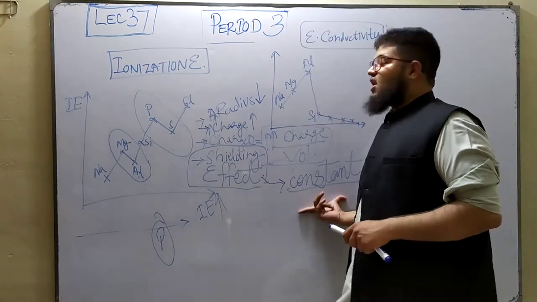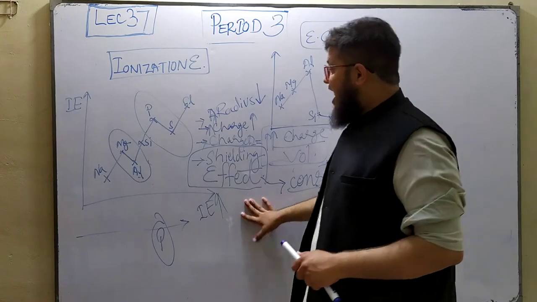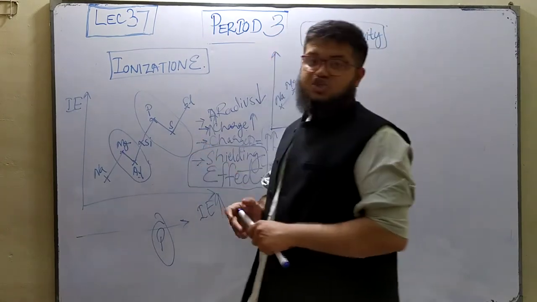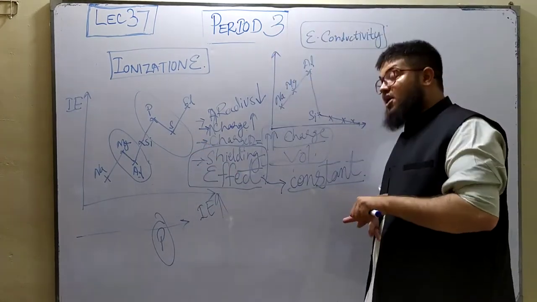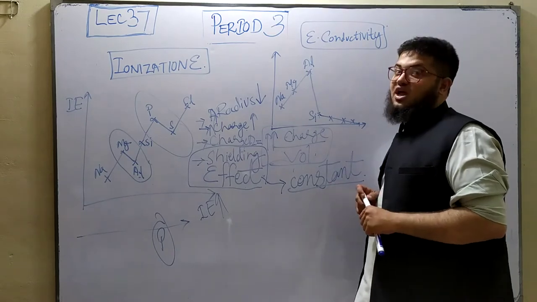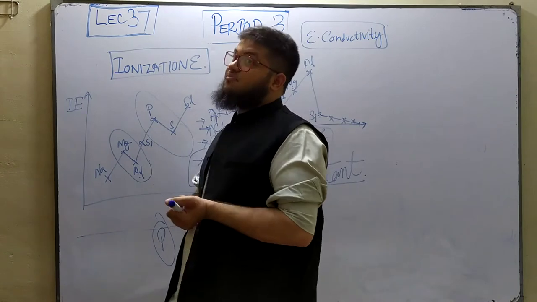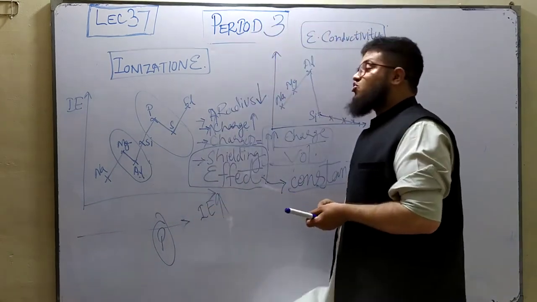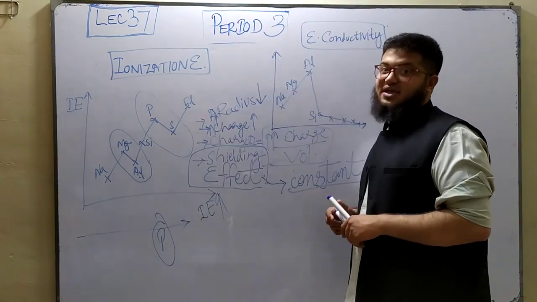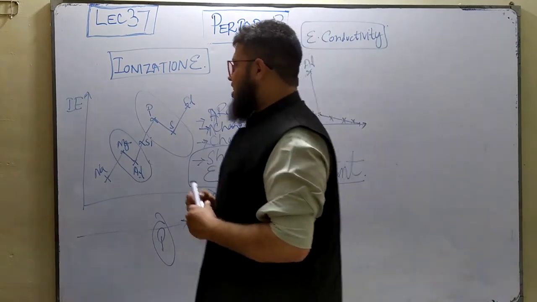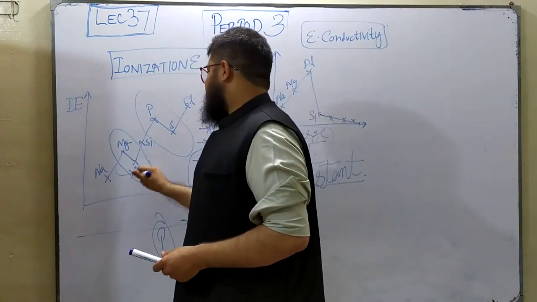If the shielding effect is constant and the nuclear charge increases gradually across the period, then the outer shell electrons are going to be more tightly attracted to the nucleus, and hence more energy will be needed to remove them from the outer shell, and therefore the ionization energy generally has to increase.